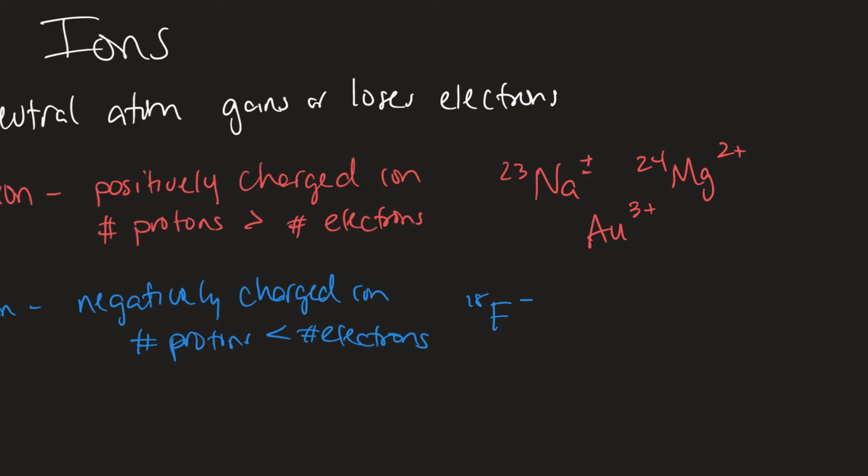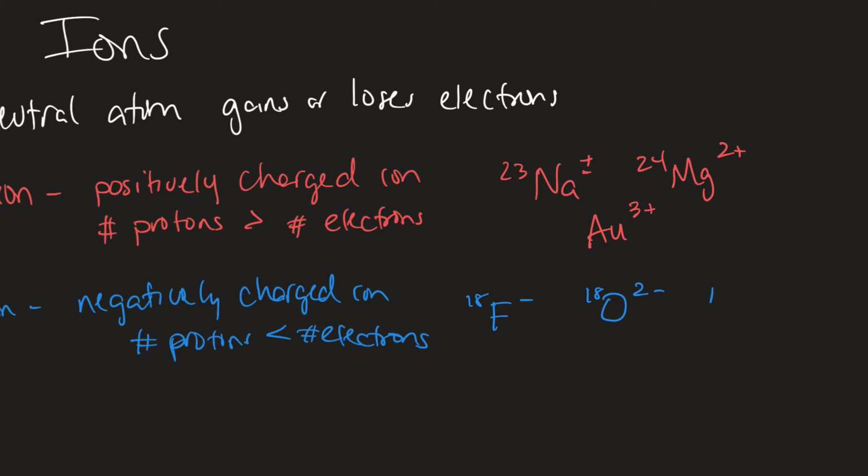It means that this fluoride ion has 1 more electron than it has protons. Let's look at another example, oxygen 18 with a 2 negative. What does this mean? In this case, there are 2 more electrons than protons, so it has a negative 2 charge.